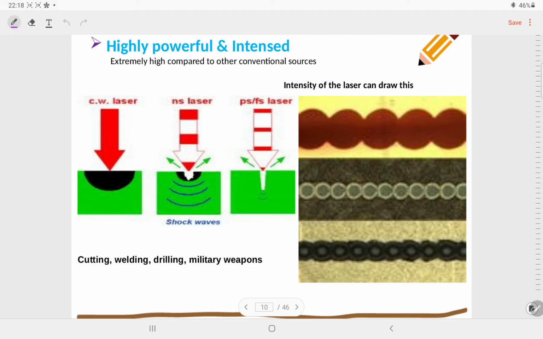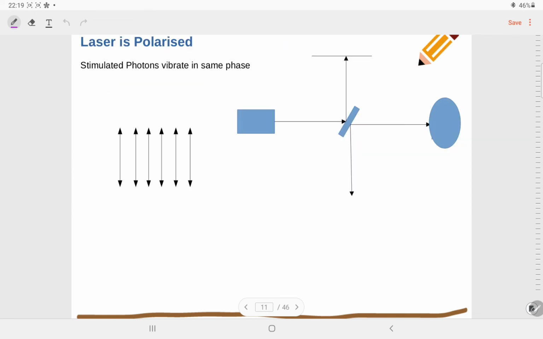You can see here that laser light is used for cutting, welding, drilling, and military weapons. It is used for these purposes because laser light is highly powerful and intense.